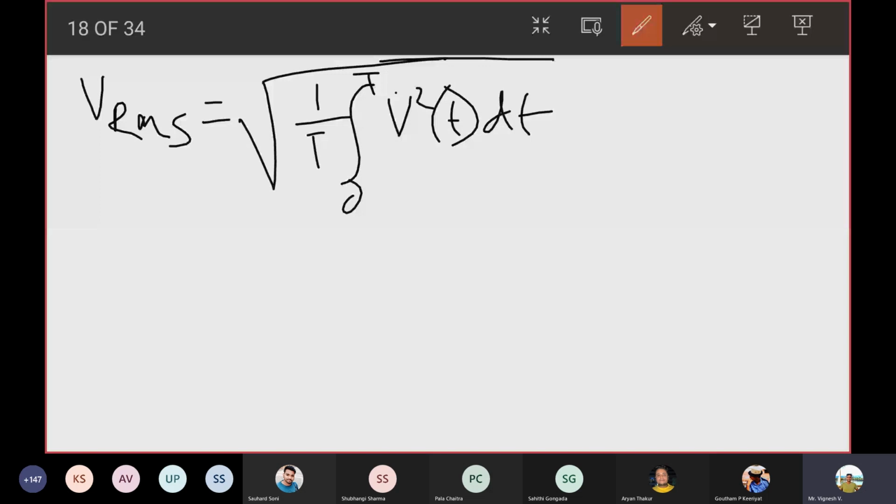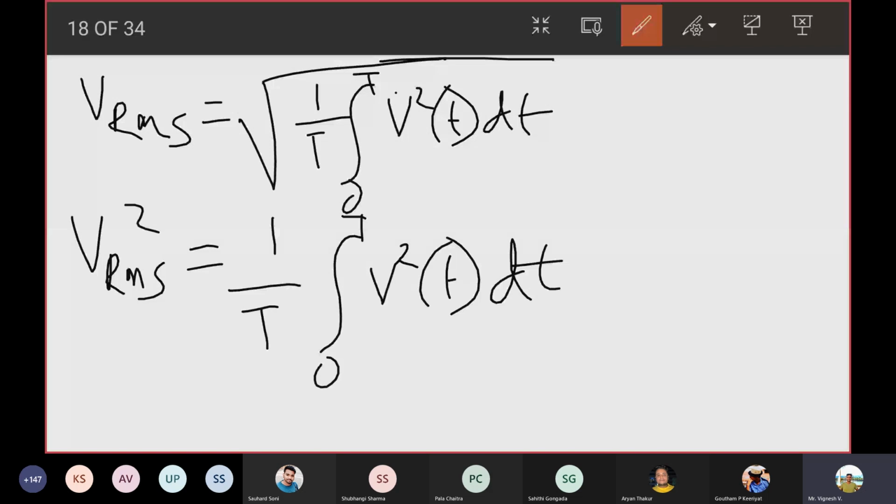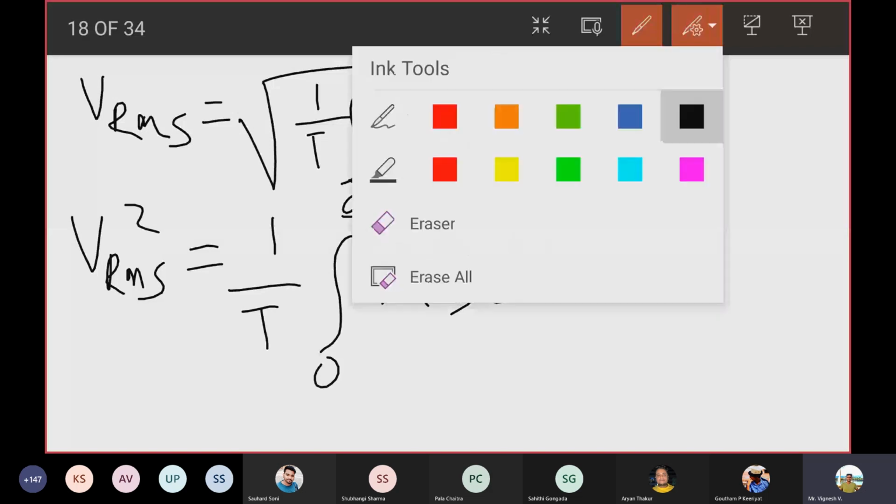So I can rewrite this as V RMS square equals 1 by T integral 0 to T V square of t dt. And you know the definition of v of t for a half wave rectifier. What is the definition of v of t for a half wave rectifier?